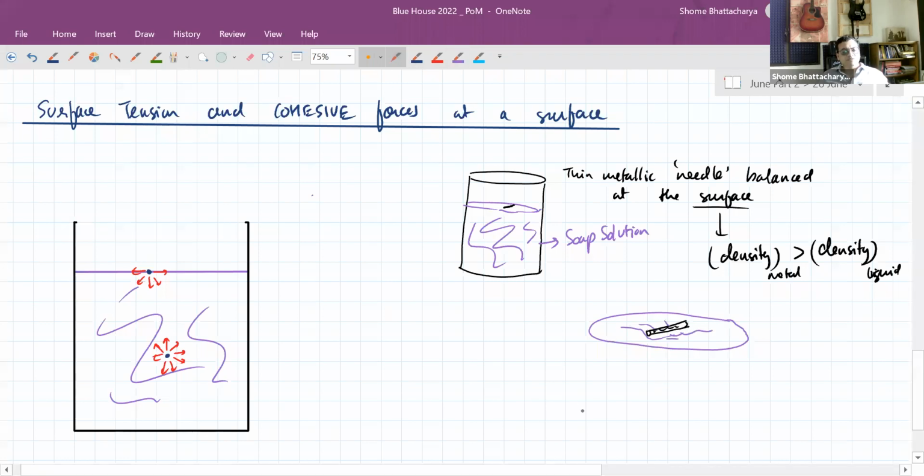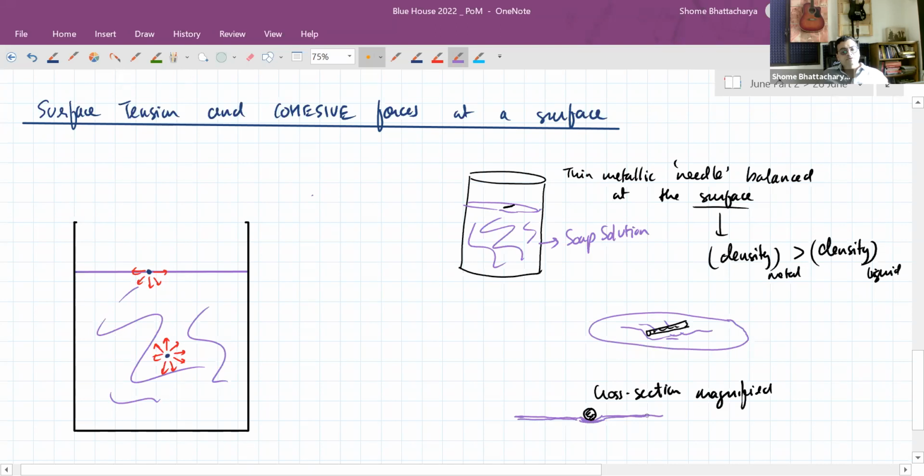If you draw a very magnified cross section, the position at which that needle is lying on the liquid surface causes an indentation like this in the liquid surface there.